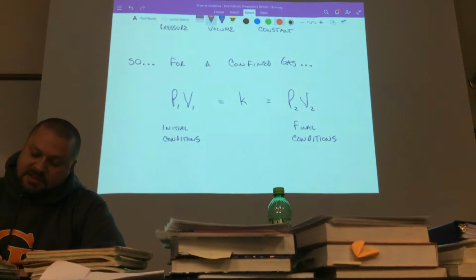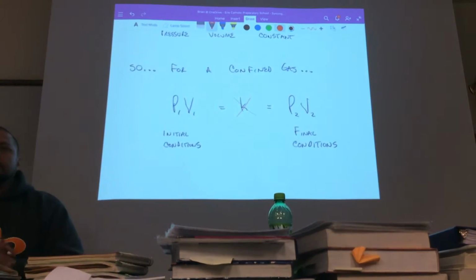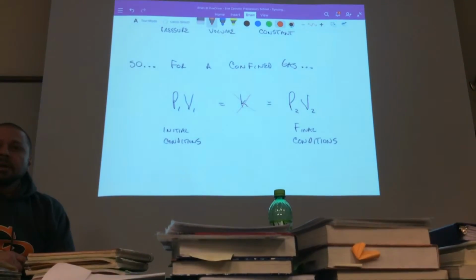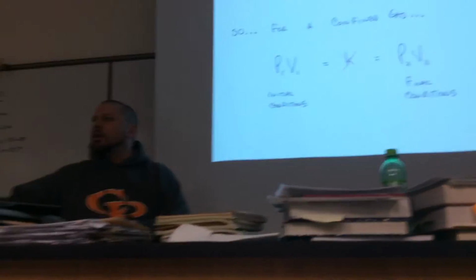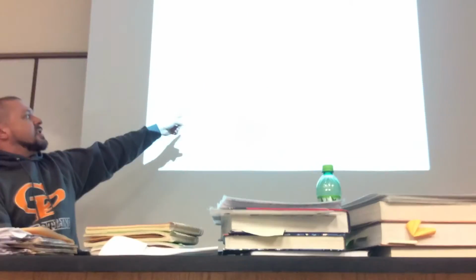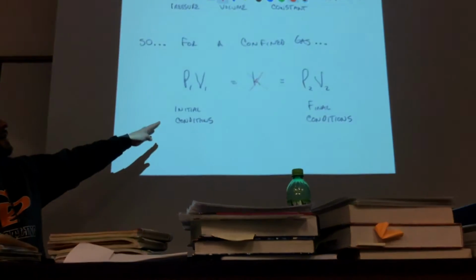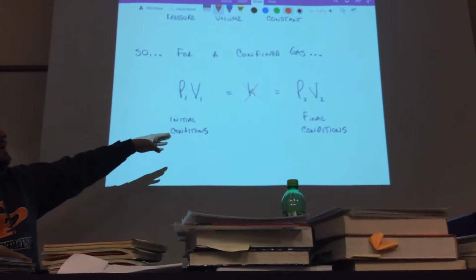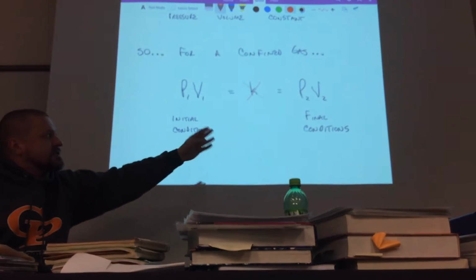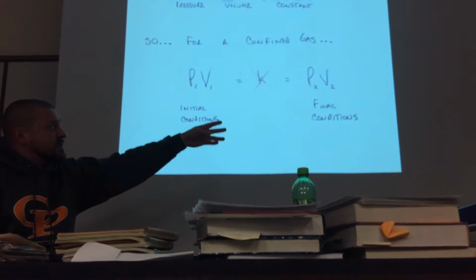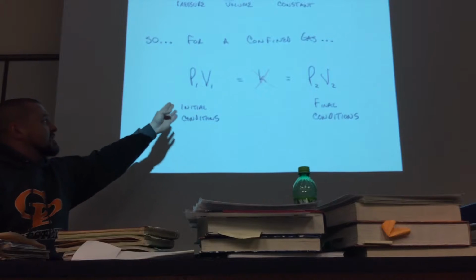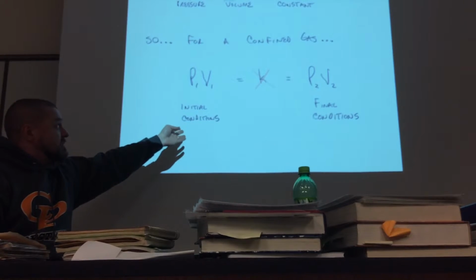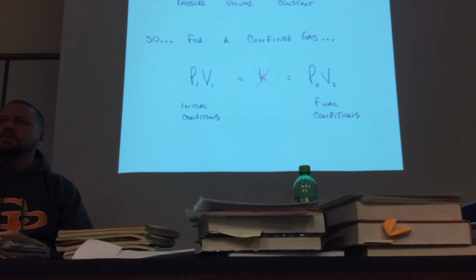So that basically means I can kind of throw K out. I don't really care what K is. All I know is that the initial conditions, P and V, when you multiply them together, are going to equal some number K. And if you change the conditions, the new conditions, P2 and V2 times each other, are also going to equal K. So we can say P1 times V1 is equal to P2 times V2.